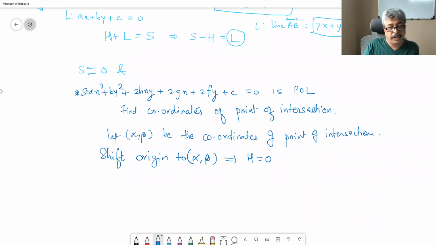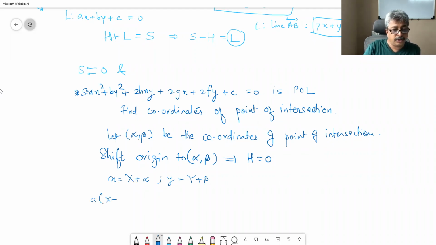It is going to be x is equal to capital X plus alpha and y is equal to capital Y plus beta, to be substituted in the equation.